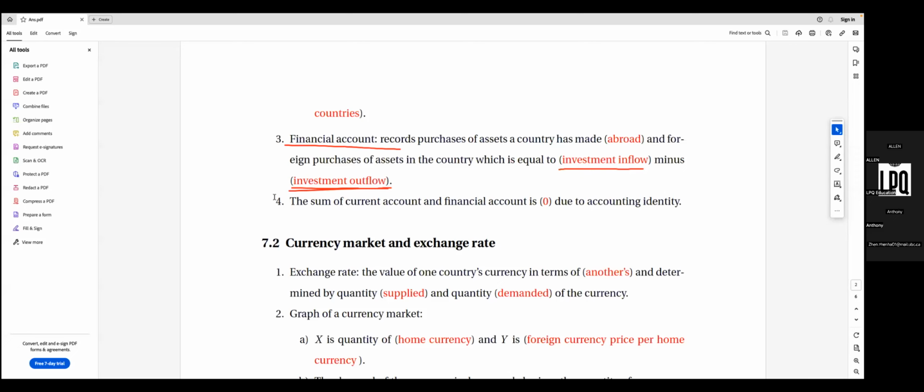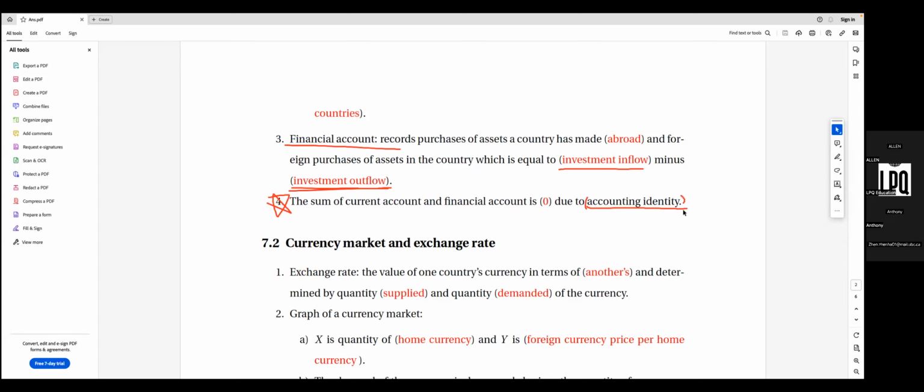And the most important thing, number 4 here. Due to accounting identity. So what is accounting identity? Basically it is about the double entry principle. It is better to not write down this formula again, I don't want to make everything very confused.